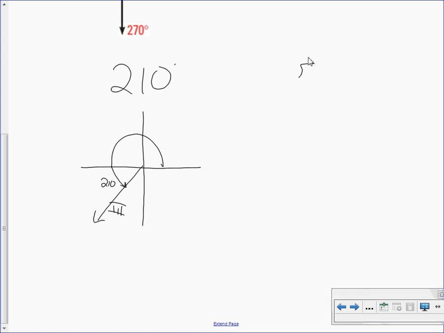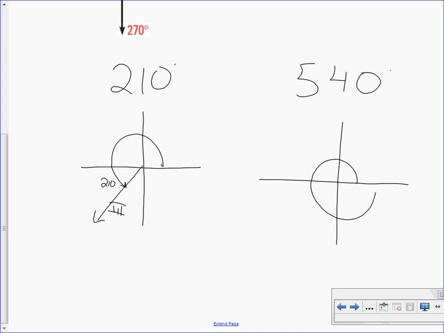Anyway, so let's say you want 540 degrees now. If I go 540 degrees, that's more than one revolution, isn't it? All right, let's figure that out. That's 360. 360 plus 90 degrees is what, 450?